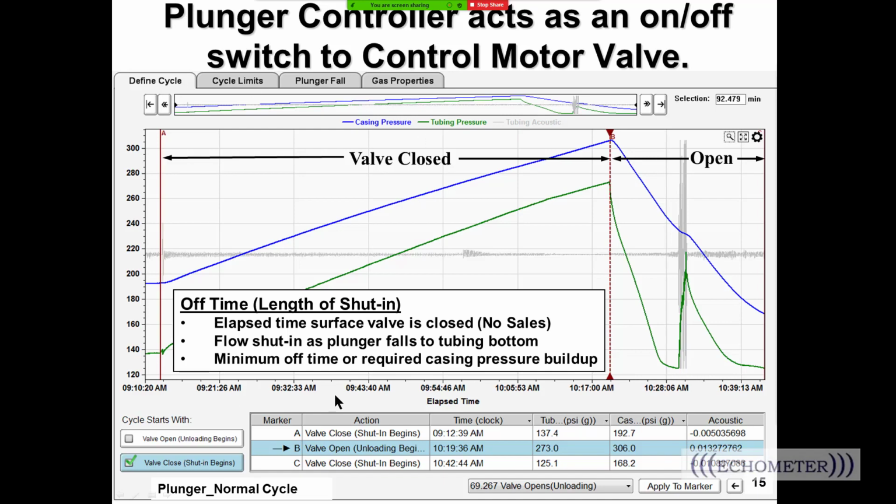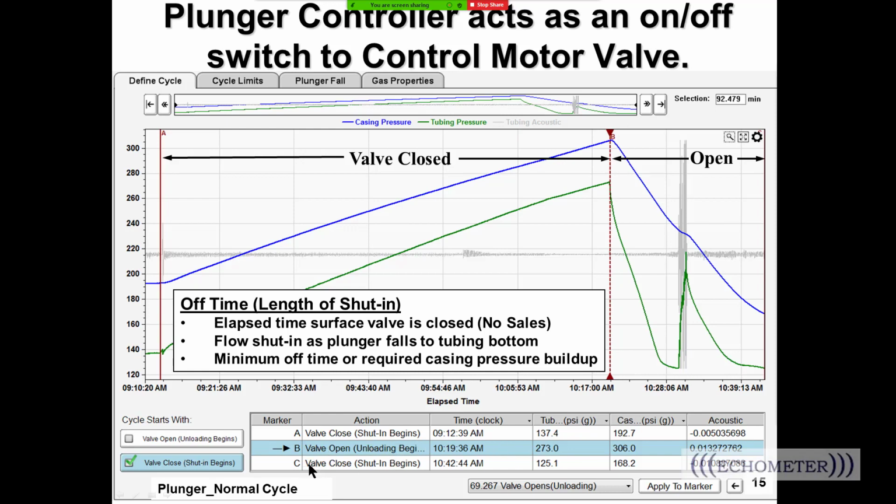And this data has been captured by the TAM software or the TDM software, and this is the analysis tab inside the TAM software to define a cycle. And so here we have A, which is where the valve closes and shut-in begins. Point B, this dashed line right here, is when the valve opens and unloading begins.